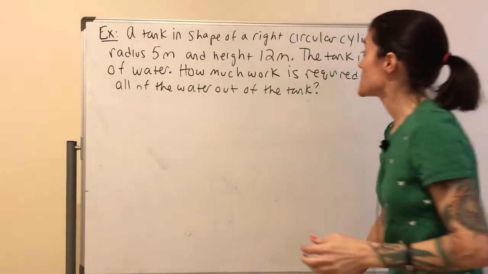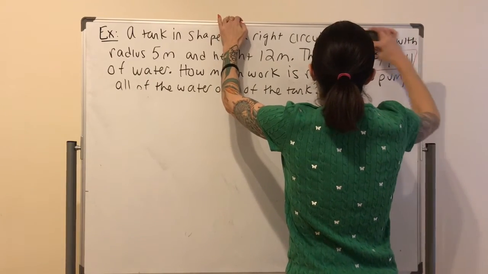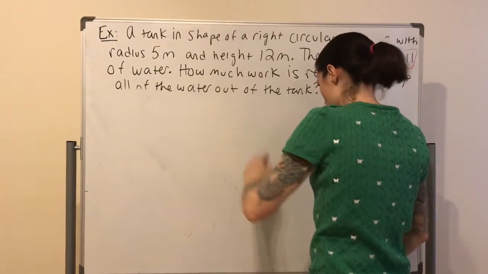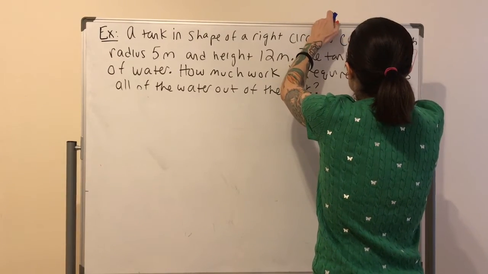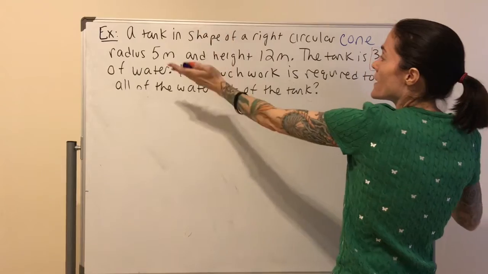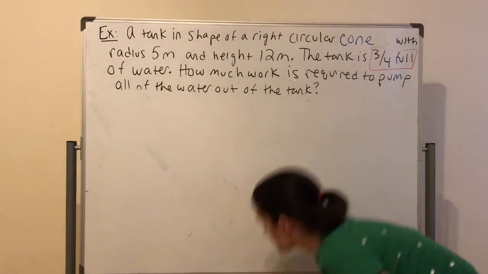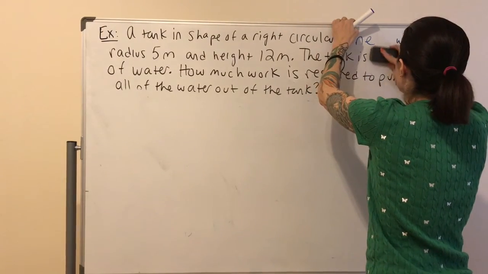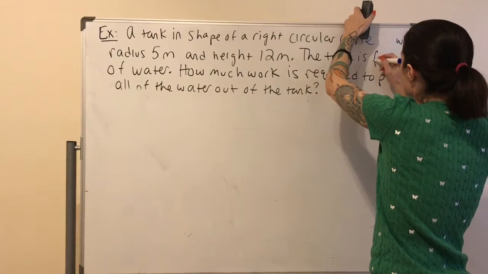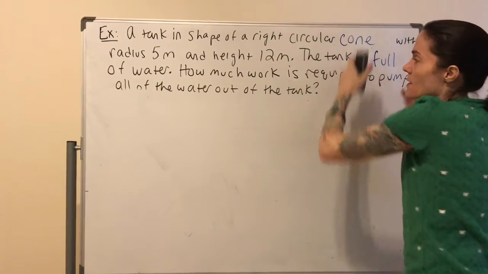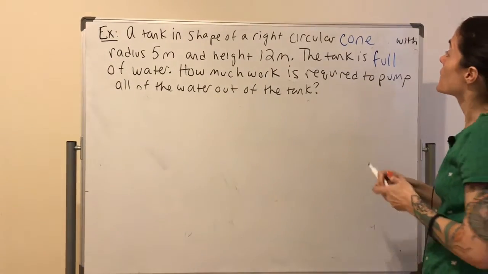I'm going to change this to a circular cone. Radius 5 and height 12. And it's going to be full of water this time. Full of water. And then I also need to say that, inverted.